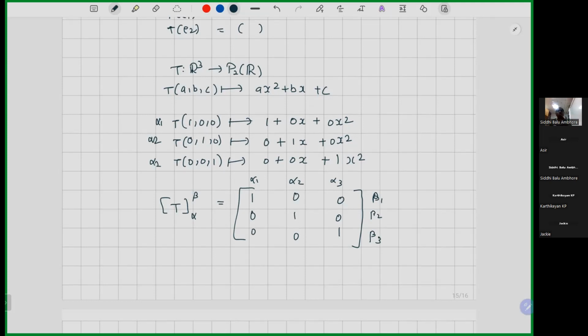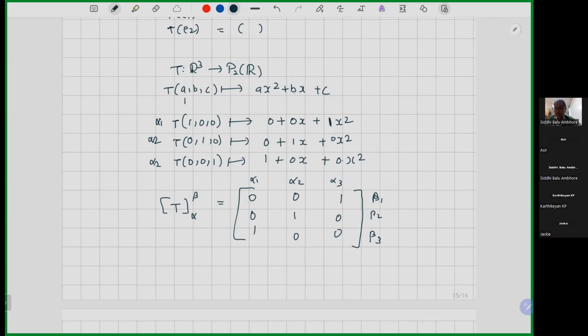So the mistake I am making is with the transformation of 0 1 0. I'm writing it as 1 plus 0x plus 0x square. As per your linear transformation, this is not 0 actually. This is 0 plus 1x square. Because a is 1 here and it is going to 1x square.